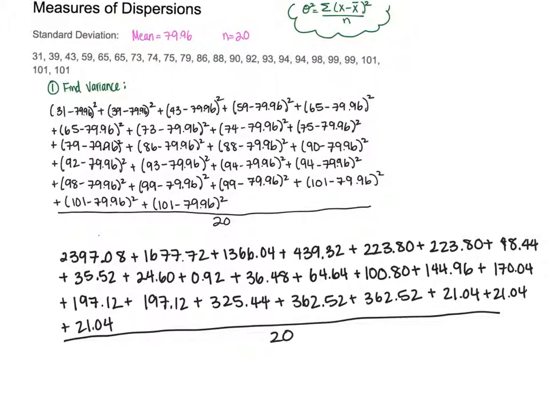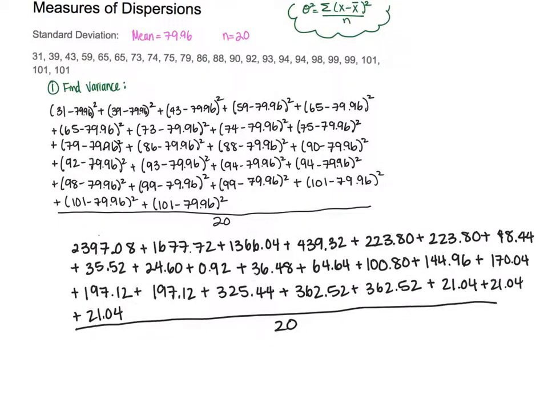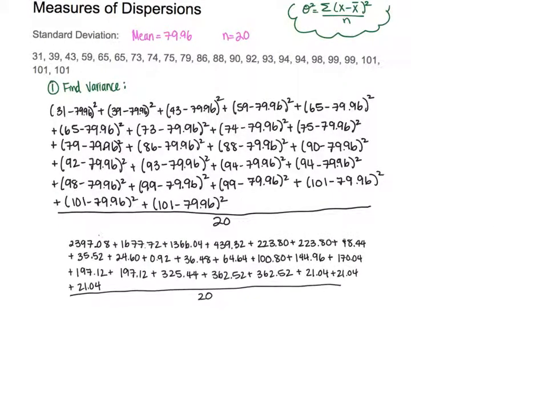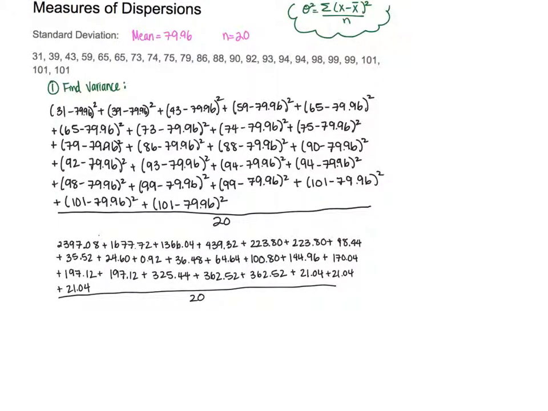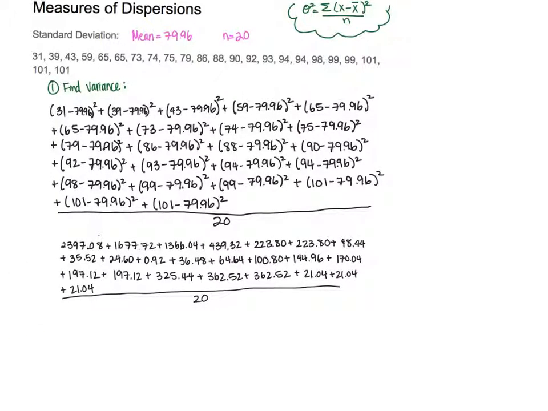So the next step I'm going to do is take all of these numbers here and add them together, and then I'll divide that by 20. So again, I'm going to need to maybe move this just a little, shrink this down just a bit so we have some room here. There we go. So I'm going to pause the video and then calculate this by adding all the numbers up.